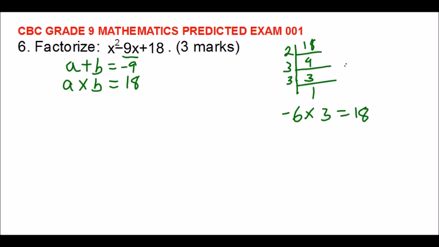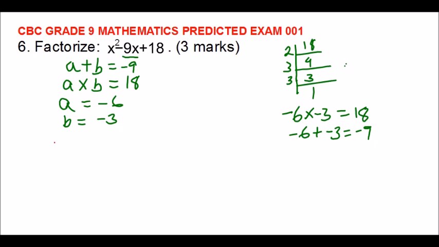When you multiply a negative number and a negative number, you get a positive number. So minus 6 multiplied by minus 3 will give us positive 18, and minus 6 plus minus 3 will give us minus 9. So these are the numbers that we need. We can say A is equal to minus 6 and B is equal to minus 3.